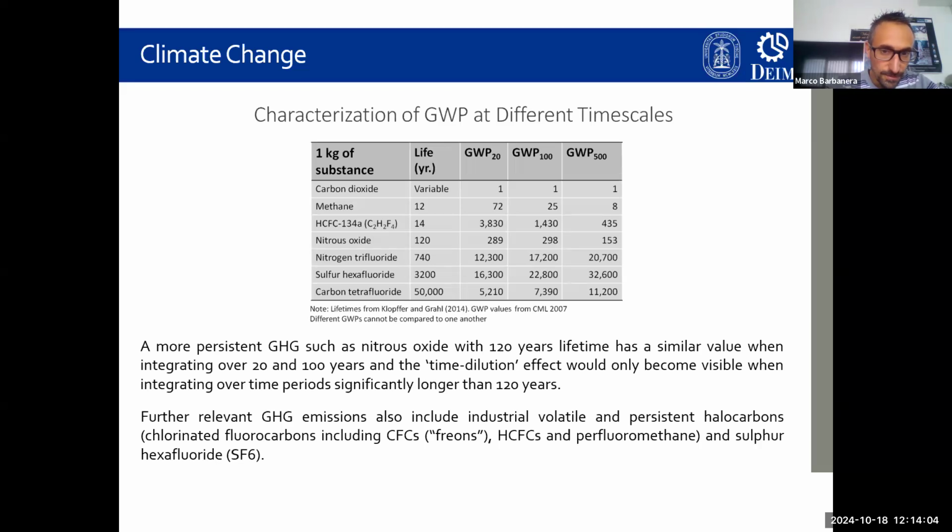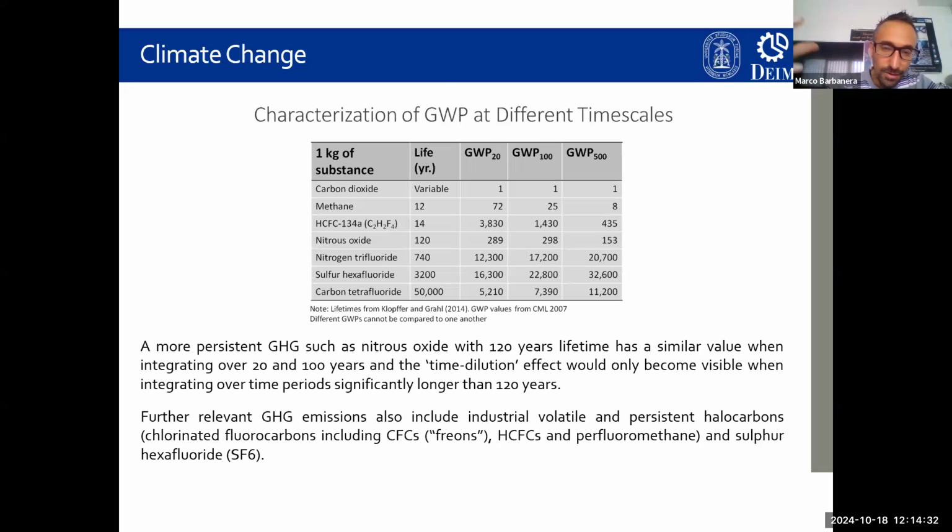And for this reason, the global warming potential, that is an average effect between the first 12 years and the remaining 88 years, the global warming potential at 100 years for methane will be lower than the global warming potential at 20 years.